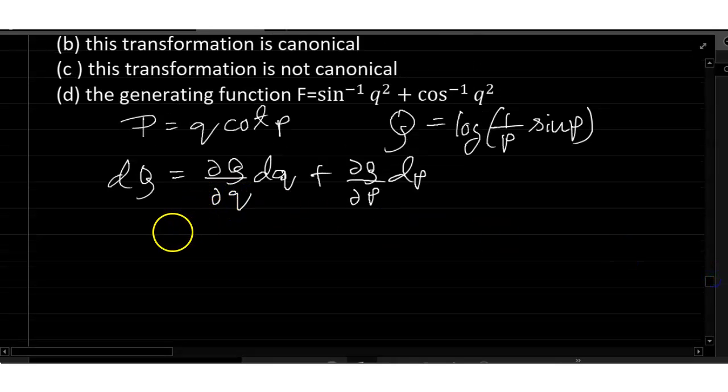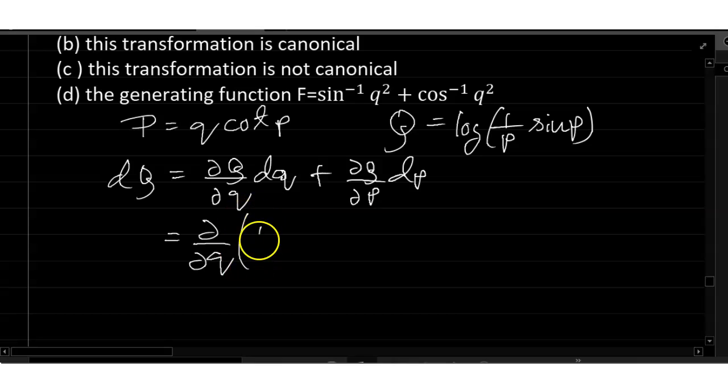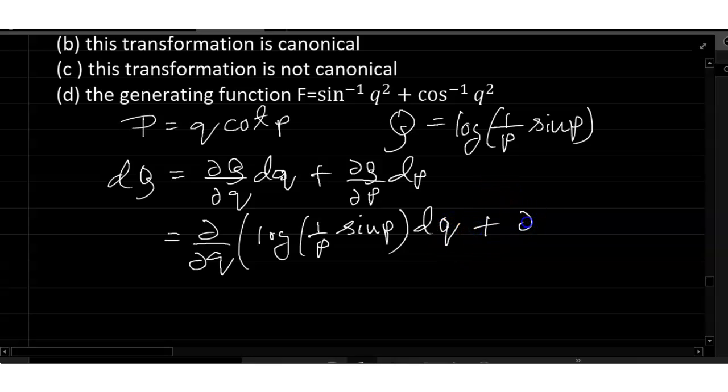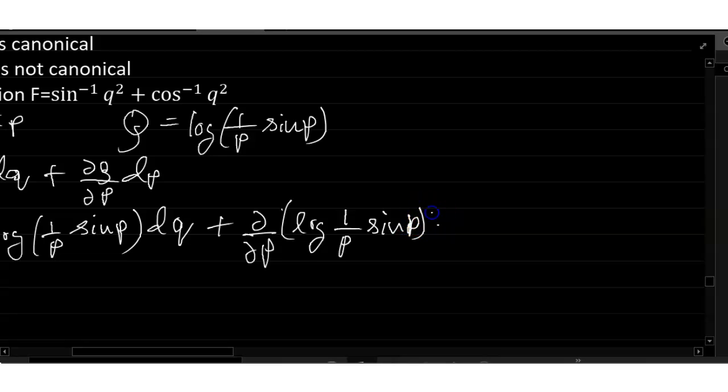How can I find ∂Q/∂q? It is ∂/∂q of log((1/q) sin p) dq, and ∂/∂p of log((1/q) sin p) dp.